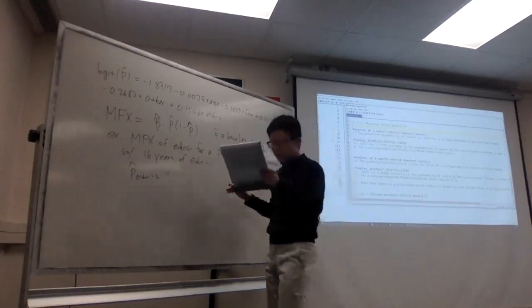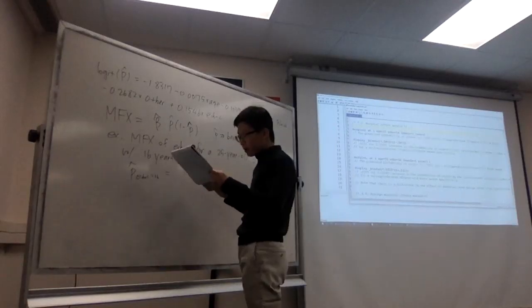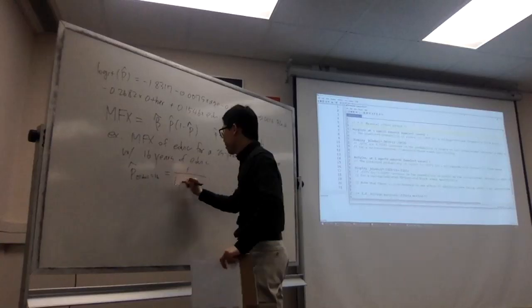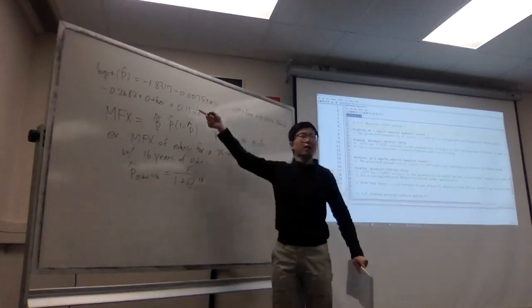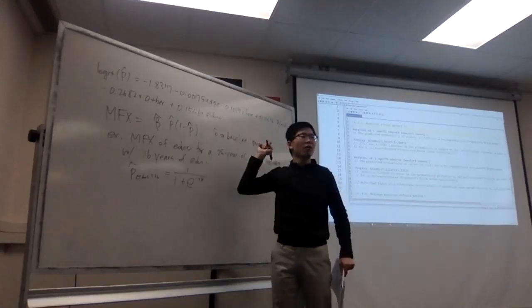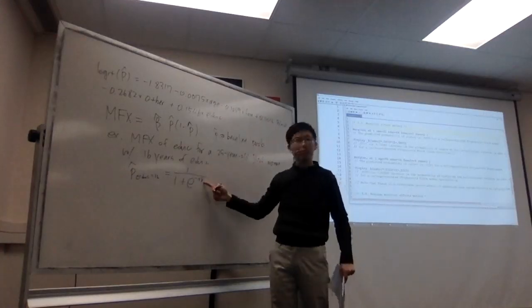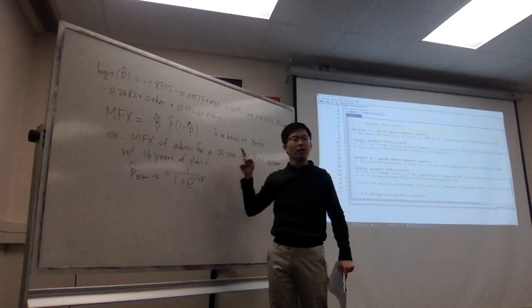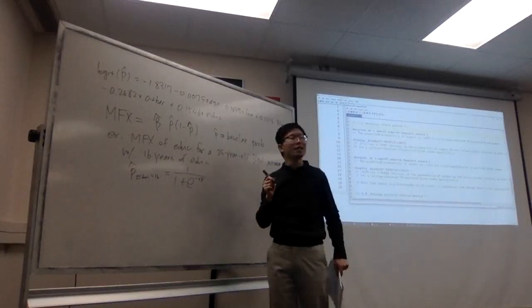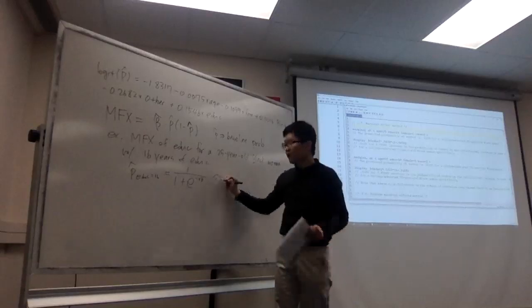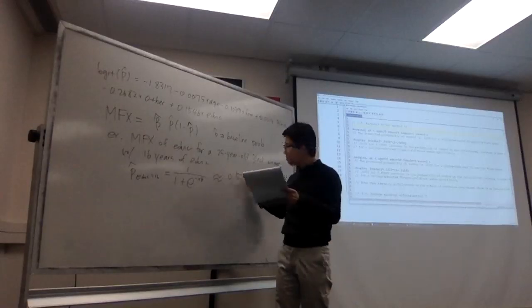If you plug in all the numbers and plug in the predicted logit in the place of xb, then you would have this one.